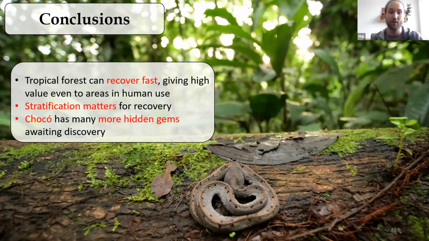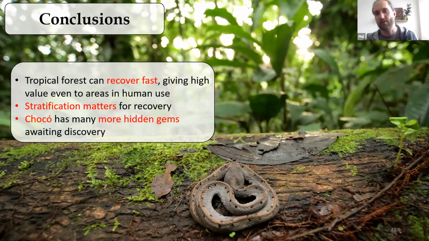To conclude, overall, I showed you that the tropical forest can recover fast, at least from the perspective of the ants. I actually expect that other insect groups will show similar recovery trajectories. I think they should be correlated with the ants given how interconnected they are.